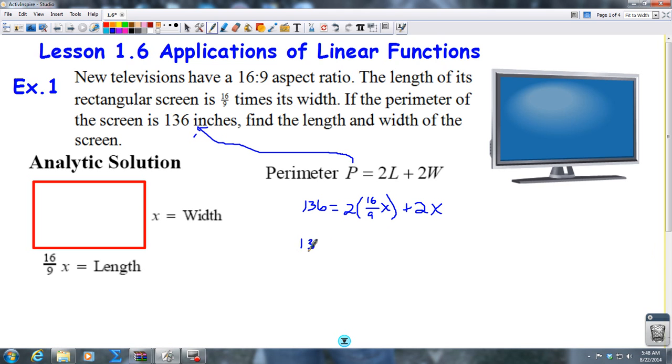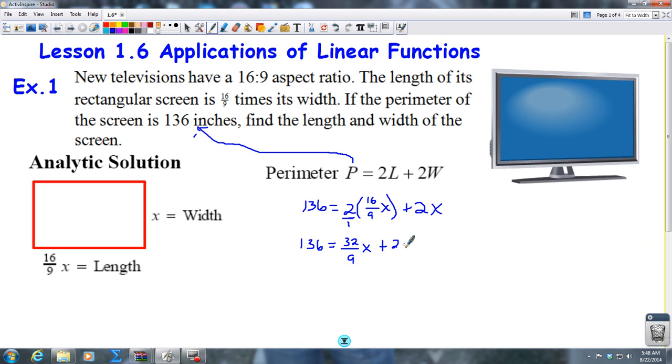I'm going to bring down the 136. Remember, this 2 is 2/1, a whole number here. So you have 2 times 16, which is 32, over 1 times 9, which is 9, and you still have the x, plus 2x.